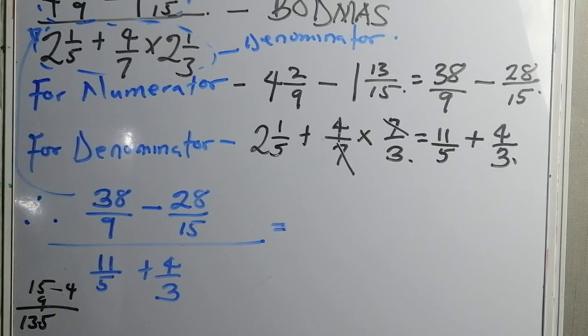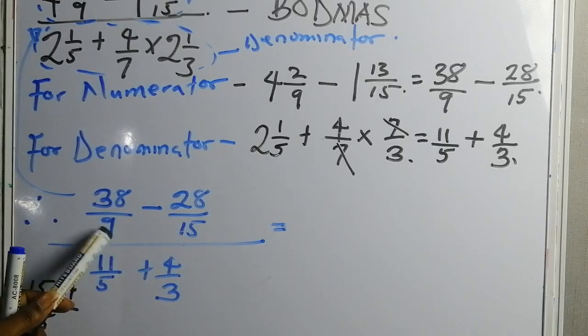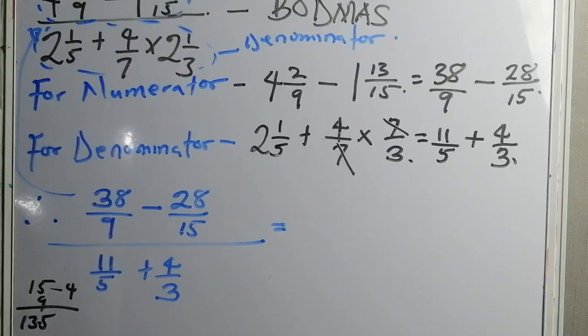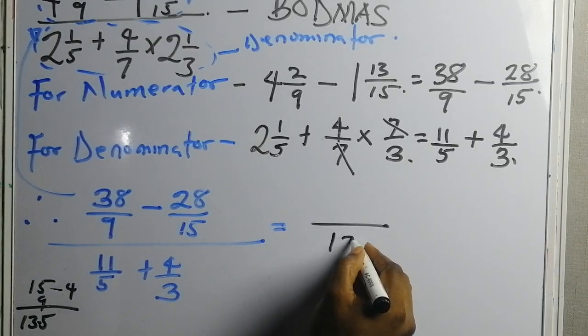Okay, so what am I trying to do? I'm trying to multiply this because I'm looking for the LCM. Okay, 15 times 9. 9 times 5, 45, carry 4. 9 times 1, 9 plus the 4 you carry, that is 13.